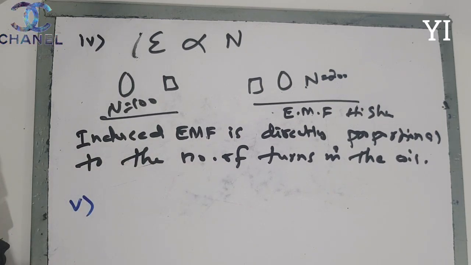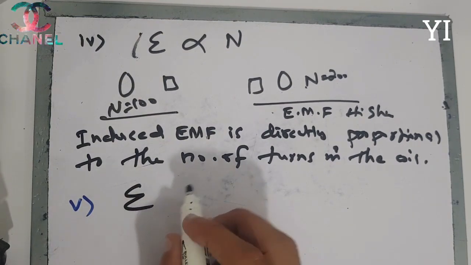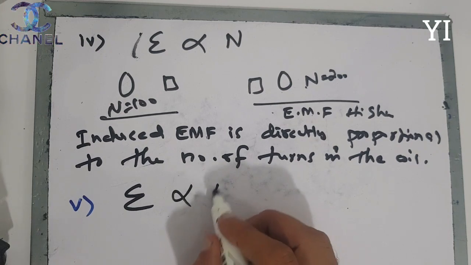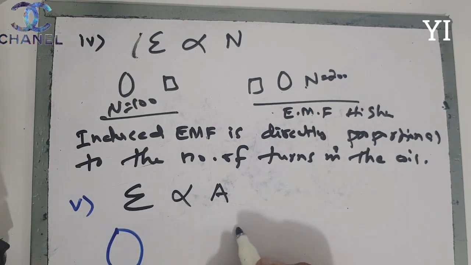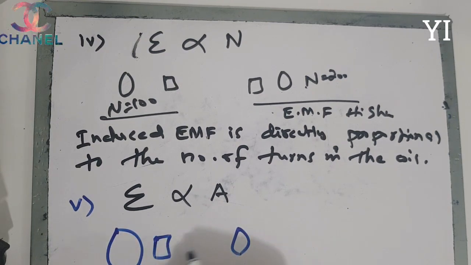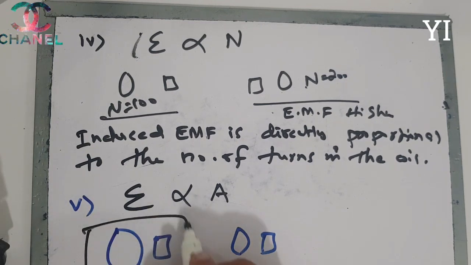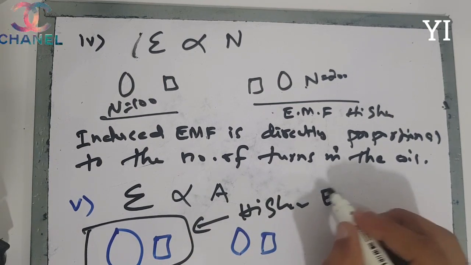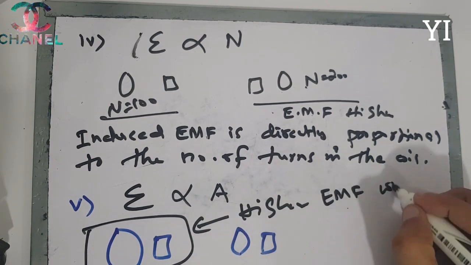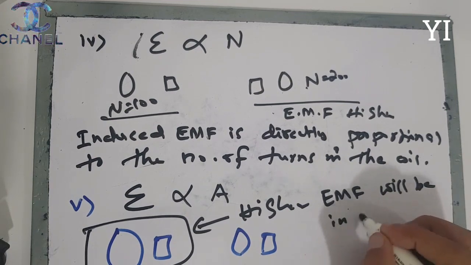In case number 5, the EMF is directly proportional to the area. Like the induced EMF is directly proportional to the area of the coil. Say this is a coil and this is the coil. In both the cases, here higher EMF will be induced.